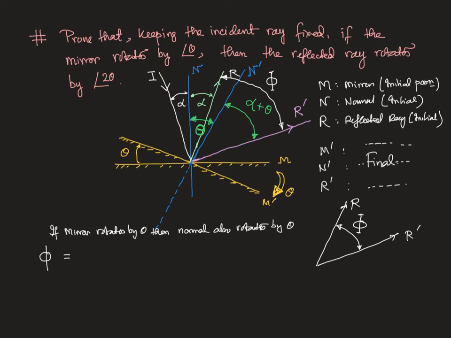Say this point is P, the point where the light ray strikes the mirror is P. So it is angle I P R dash minus angle I P R, that is phi.